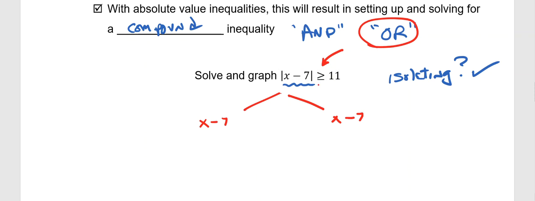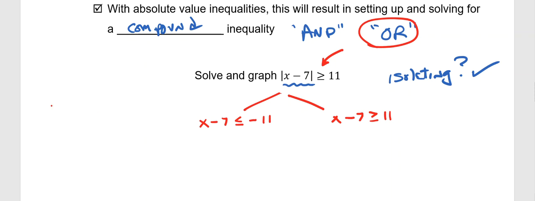Now what I like to do on the right side is just essentially take this symbol, greater than or equal to, and take that value 11, and that's going to become one half of my "or" statement. On the other side, we have to flip that inequality symbol around. So it's not going to say greater than or equal to, it's going to say less than or equal to, and it's not going to say 11, it's going to say negative 11.